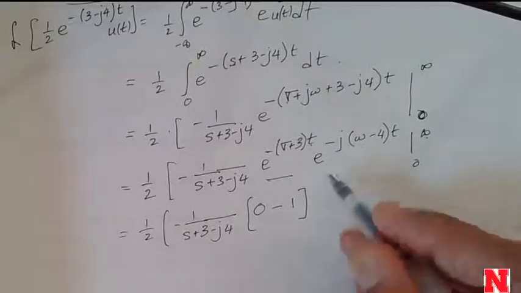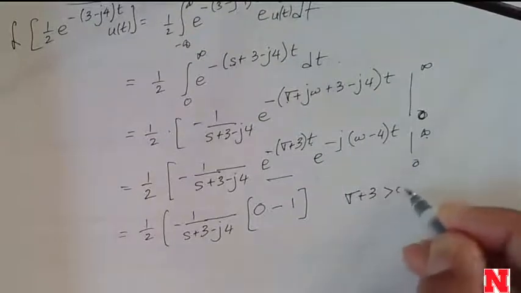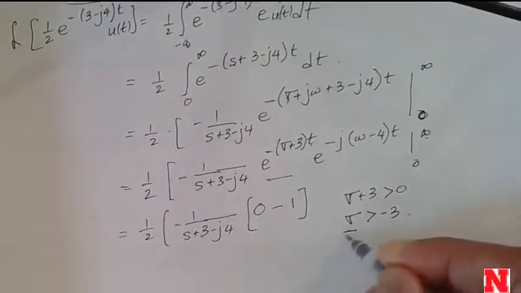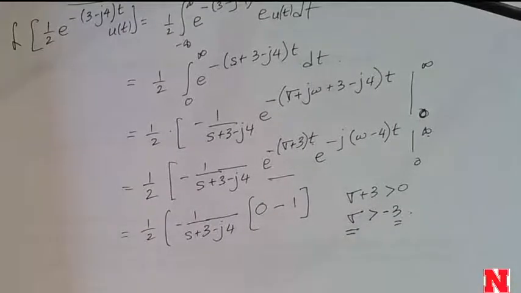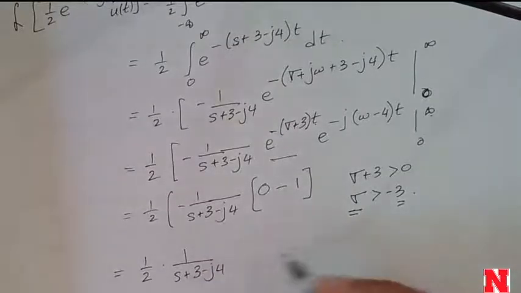As long as sigma plus 3 is positive, or sigma plus 3 is greater than 0, or sigma is greater than minus 3, right? I'm comparing a real number with a real number. Or I get 1/2 times 1 over s plus 3 minus j4, sigma greater than minus 3.